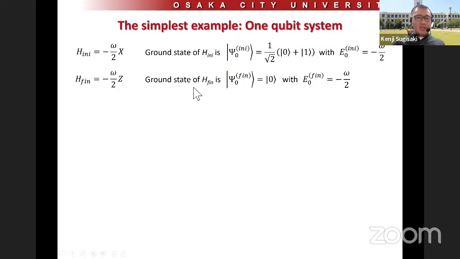And let us think about the final Hamiltonian. It's sigma z with the same coefficient as the initial Hamiltonian. Of course, the ground state of this final Hamiltonian is the up state or down state, with the eigenvalue again minus omega divided by 2.